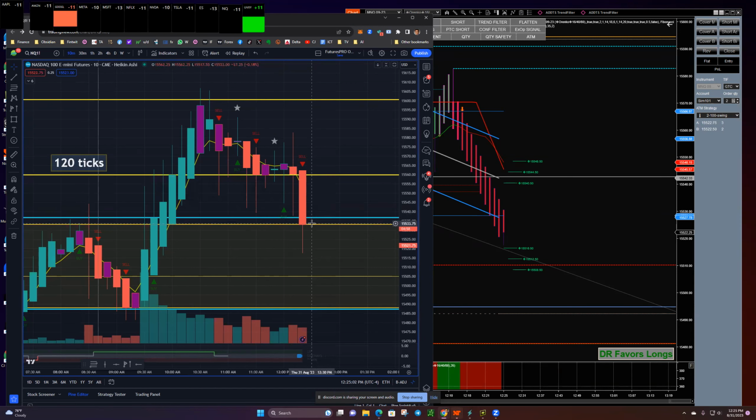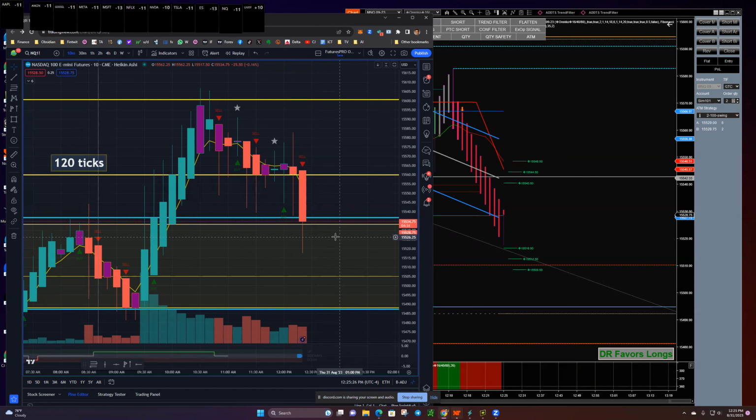Then we entered here, and so far we are here. 60 to 32, so it's 28 points, or 28 handles, as it's the proper term. I don't know why handles is the proper term.